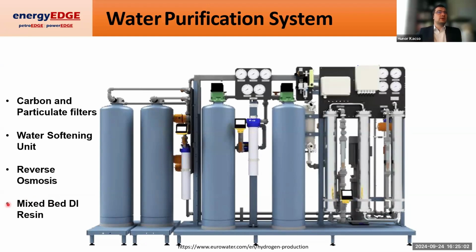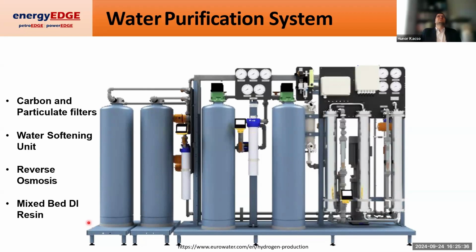To reduce the conductivity, the purity of the water, you would need the mixed bed DI resin. Downstream of the mixed bed DI resin, you're going to see water conductivity levels that are very, very close to the theoretical lowest conductivity of water, which is 0.056 microsiemens per centimeter.